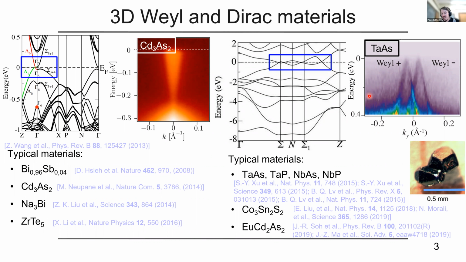But as far as I can remember, some Weyl nodes are grouped together and some pairs of Weyl nodes are rather far away in the Brillouin zone. So as long as we have these well-defined pairs, we can still use our theory.